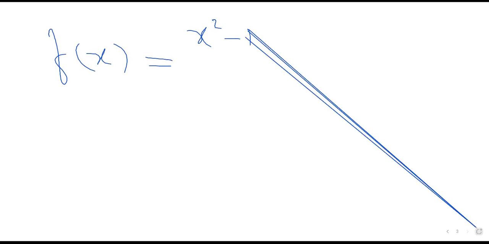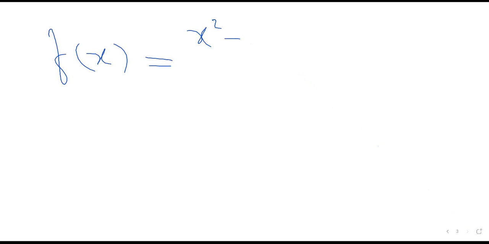So question number 3, a function f of x is given in a way that x square minus 18, x square minus 18 divided by x plus 2, whole.